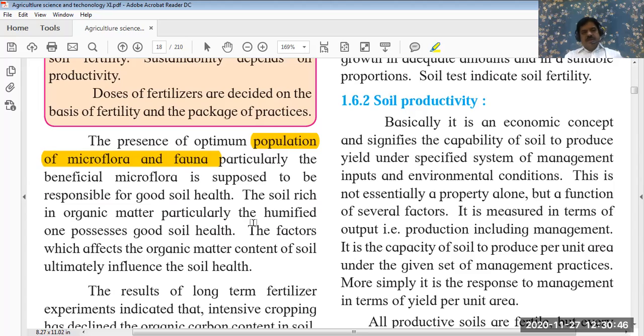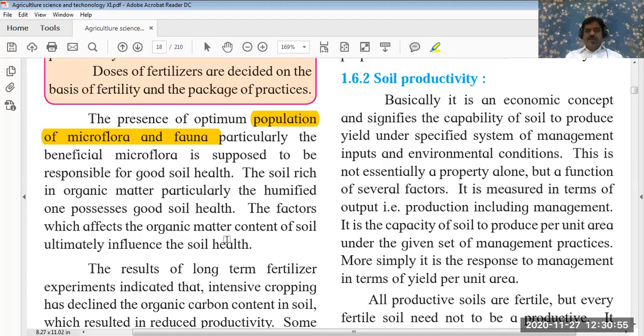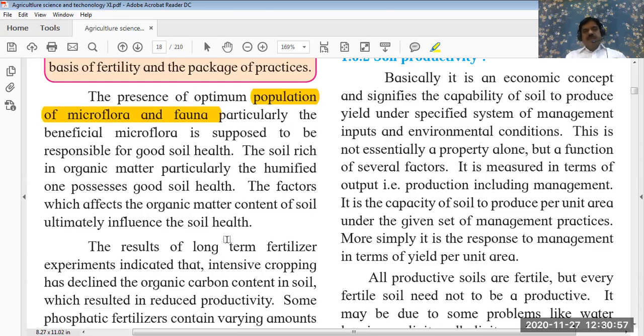We have just studied it, it is the same thing. Microflora means micro plants, microfauna means micro animals. They decide the plant growth, because these microorganisms convert the cellulose or cellular material into these micronutrients, and because of that the soil becomes rich in organic matter.